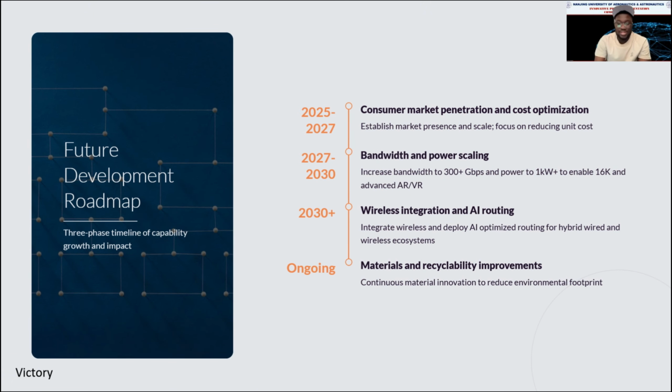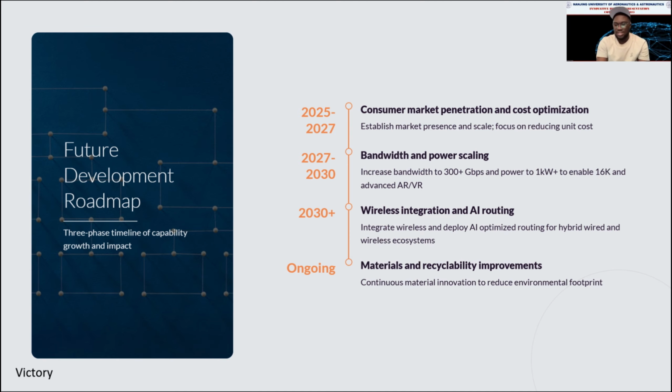So on slide 20, which covers the future roadmap, from 2025 to 2027, the focus is consumer adoption and cost optimization through scaled production, and from 2027 to 2030, it covers major performance expansion, where we have 300 plus Gbps bandwidth, 1 kilowatt of power delivery, and enable 16K displays, both AR and VR.